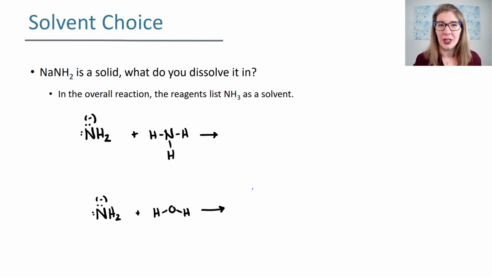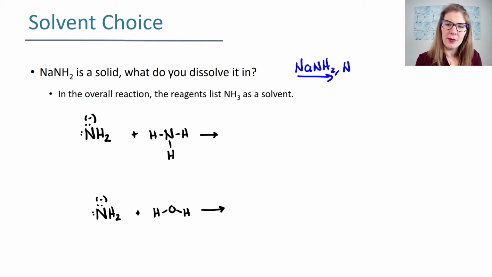When you see these reactions, it is common to see not only NH2 or NaNH2, you'll also see maybe NH3, or maybe even the NH3 below the arrow. It doesn't really matter. You might look at this and think, what is that NH3 for? Well, it's your solvent. NaNH2, sodium amide, is a solid. It's an ionic compound, so it makes sense that it's a solid.